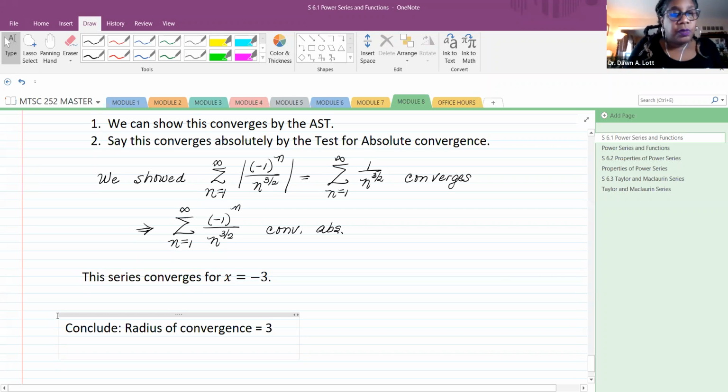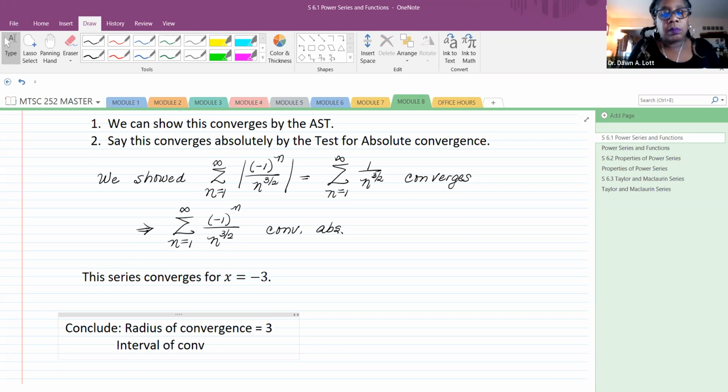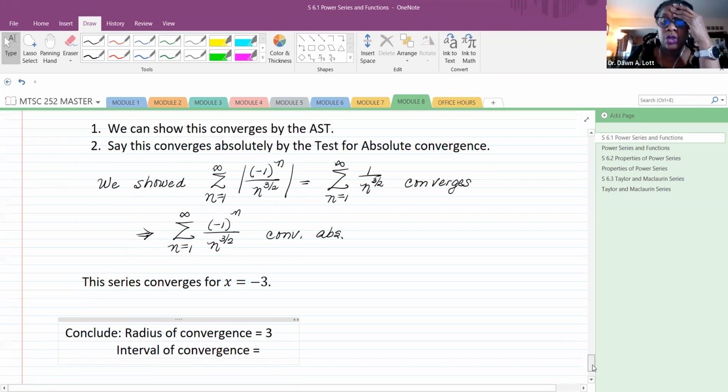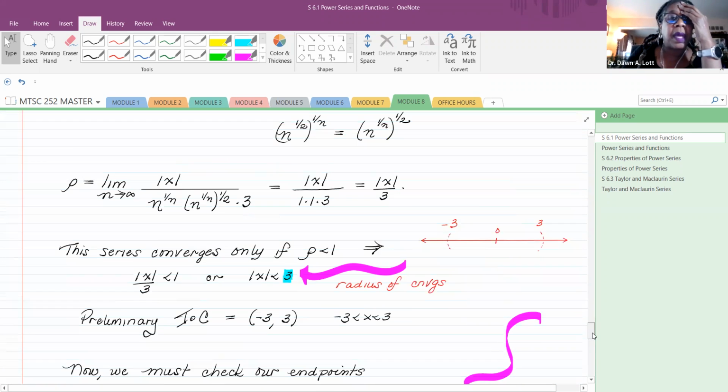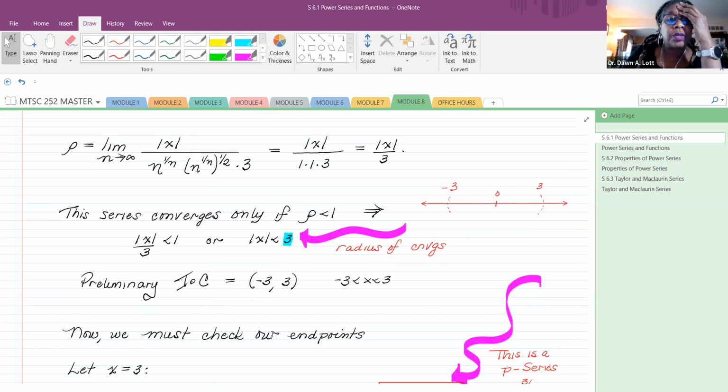But now the interval of convergence: originally, our preliminary, we knew it converged from minus 3 to 3, right?